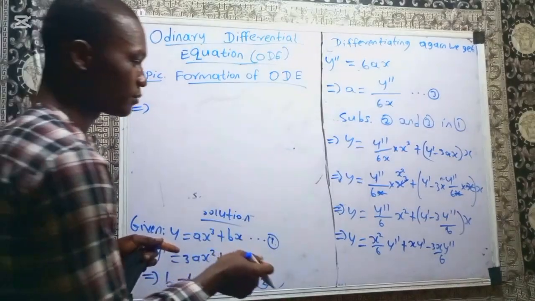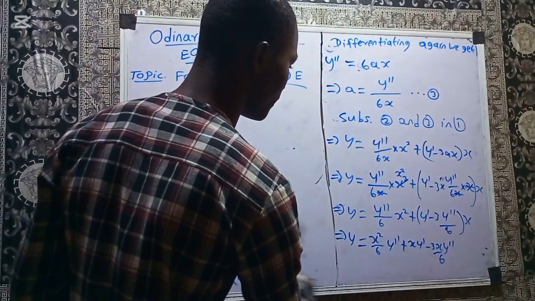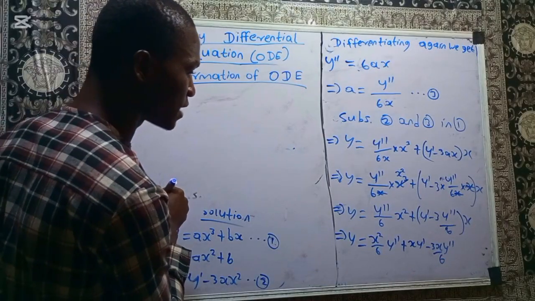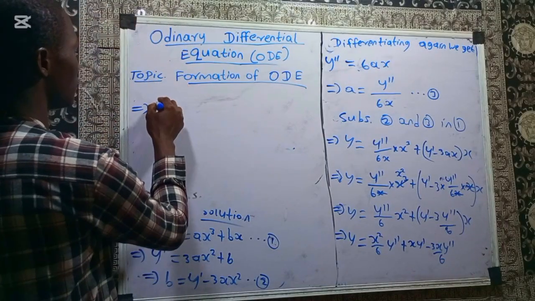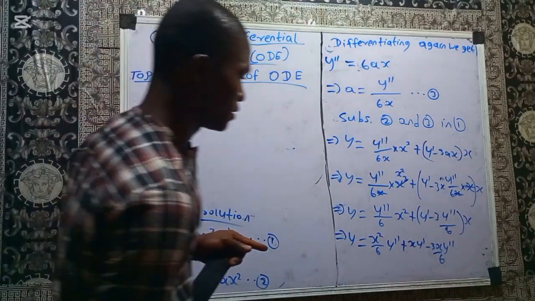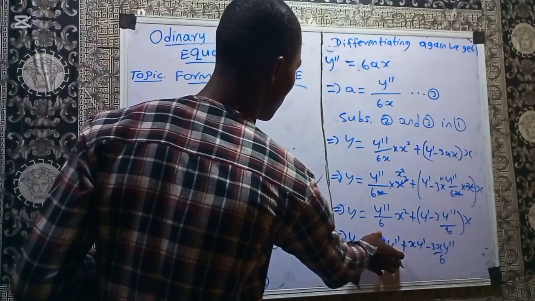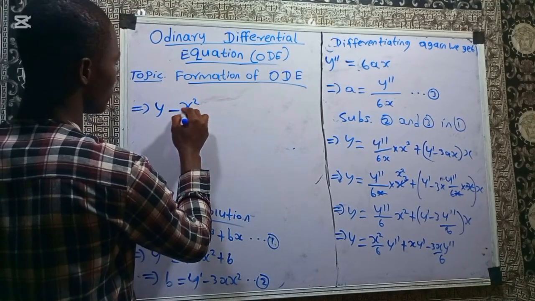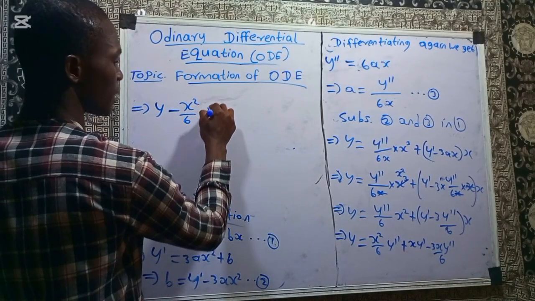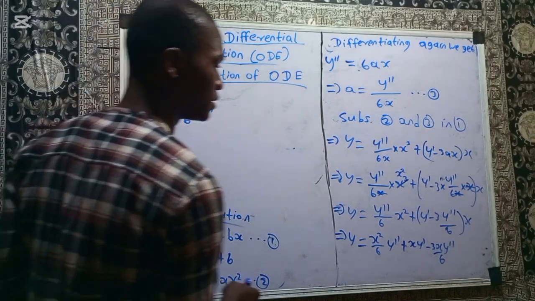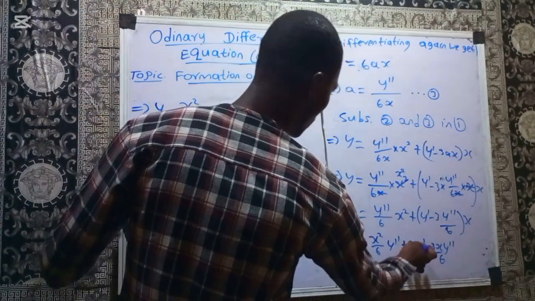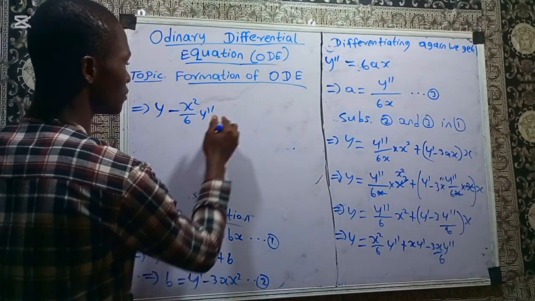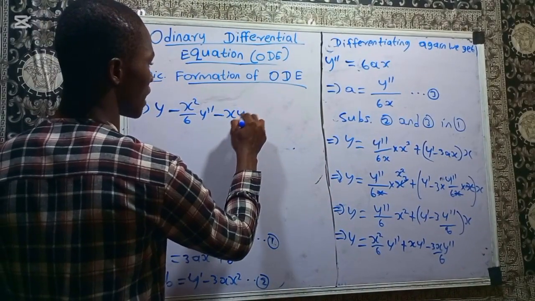Then continuing the solving here, we can move everything to the left hand side. If you move everything to the left hand side, you will have y, then this one will come to the left hand side and change to negative x squared over 6 y prime prime. Then this second term will come to the left hand side, change to negative x y prime.